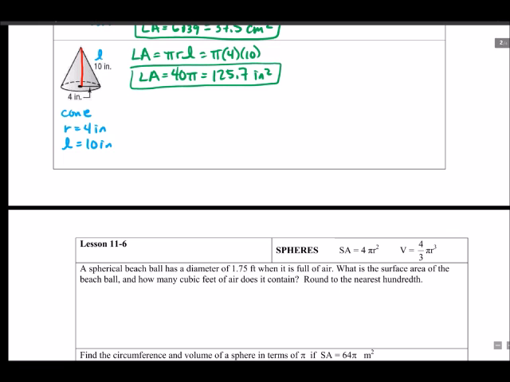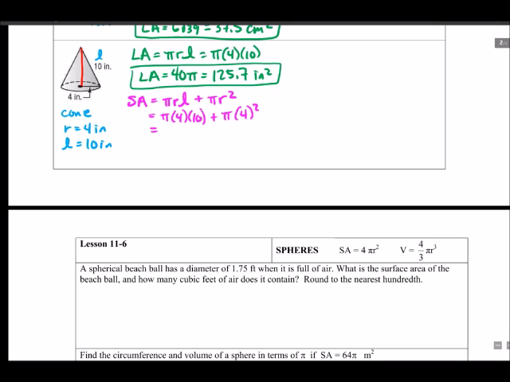And surface area has its own formula. Pi RL, that's our lateral area, plus the area of one base, pi r squared. So pi times the radius times the slant height plus pi times the radius squared.